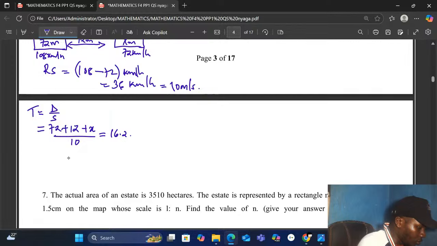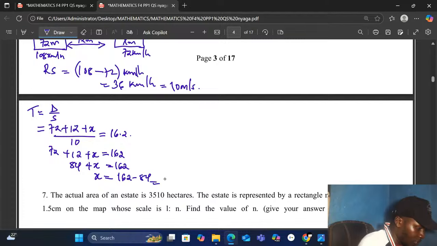So we now find the value of x. So we shall have 72 plus 12 plus x is equal to, multiplying by 10, 162. So 84 plus x is equal to 162. So we remain with x on one side, so that x is equal to 162 minus 84.